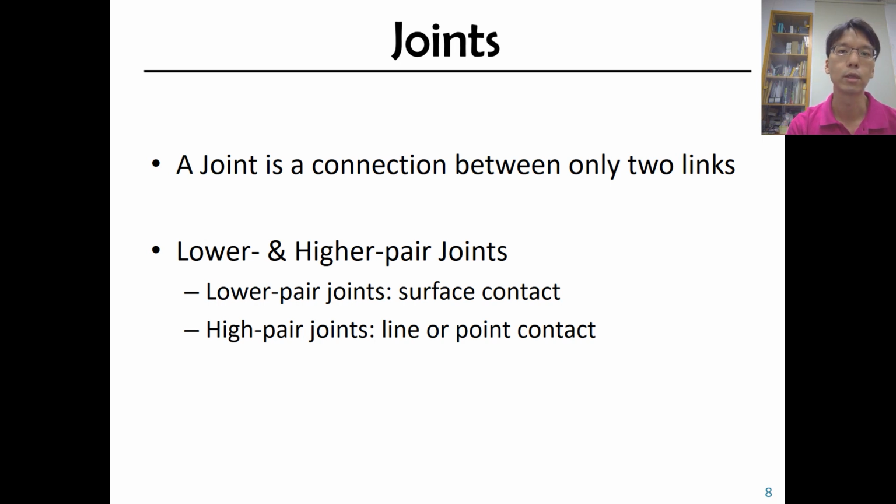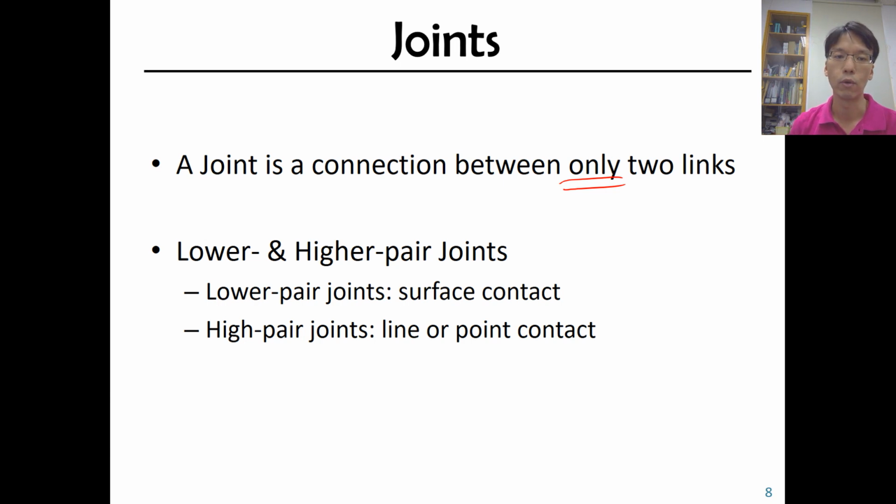So motion, let's move to another term, joint. A joint is a connection between only two links. Very important, only two links. Okay, so we can categorize joints into two types.